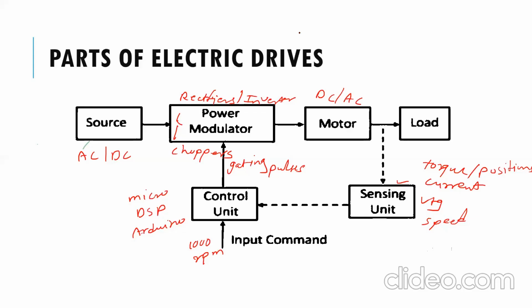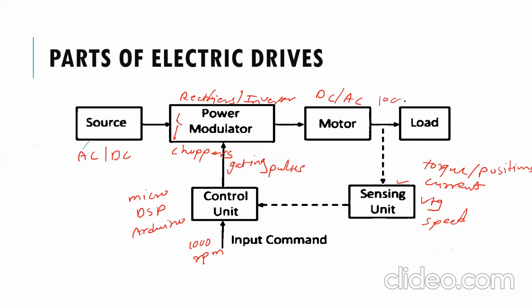Can you able to see my screen? Yes, sir. Okay, then I will continue. A control unit is driving the power modulator in a way that the motor will run at 1000 rpm.